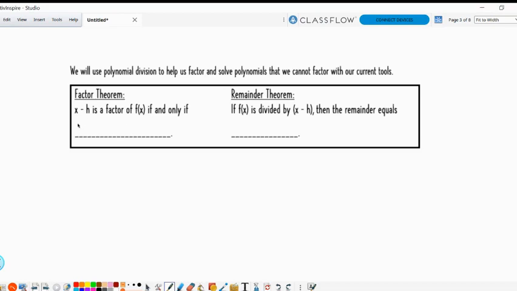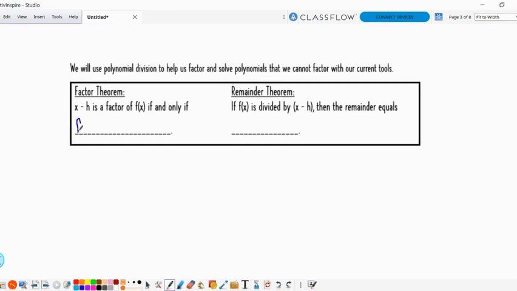So the factor theorem tells us that x minus h, this linear binomial, is a factor of the polynomial that we're looking at if and only if we plug in that zero and get 0. So what that means is that we plug in the zero and we get 0.